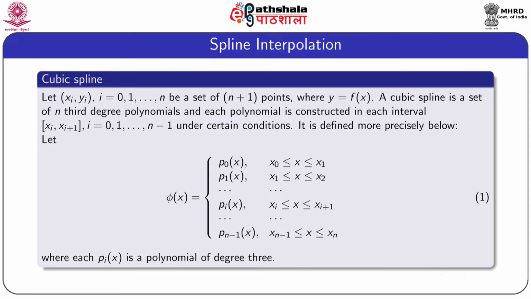The last polynomial p_{n-1}(x), also a third degree polynomial, is defined in the last interval [x_{n-1}, x_n], where each p_i is a polynomial of degree 3, and combining all these cubic polynomials we get the cubic spline for the interval [x_0, x_n].